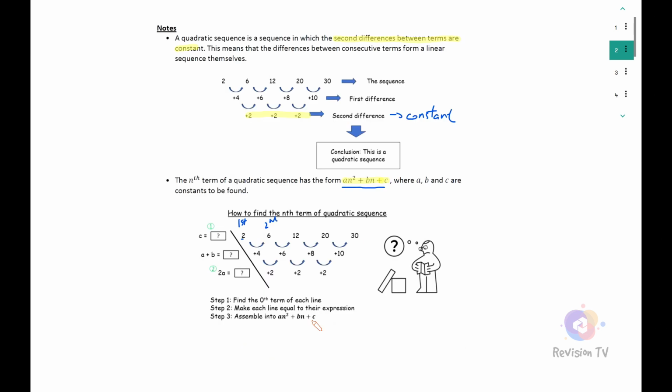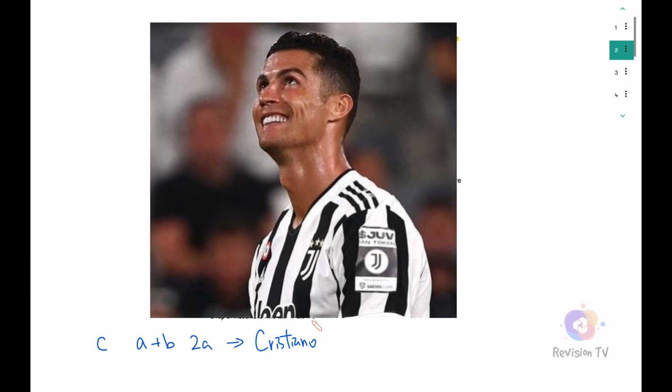When I taught this topic a few years ago, I think it was a World Cup, and we were watching football in school, and some students came up, and she was a big fan of Cristiano Ronaldo. So C, A plus B, and 2A, take it or not, up to you. This is how she remembers the C, A plus B, and 2A lines. C stands for Cristiano Ronaldo.